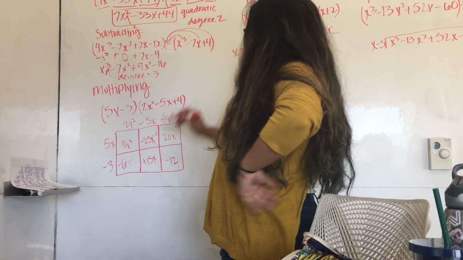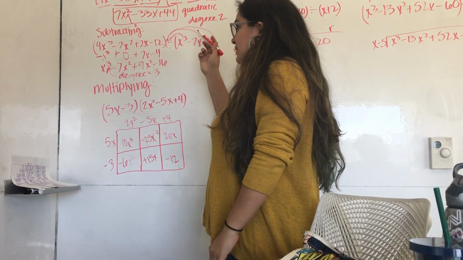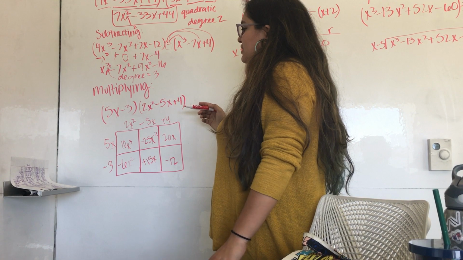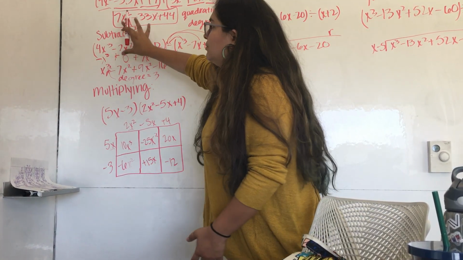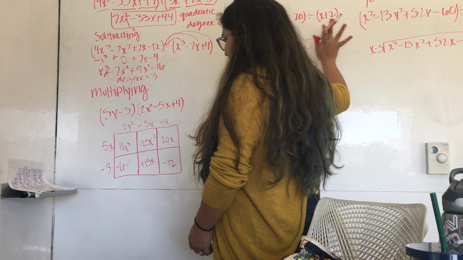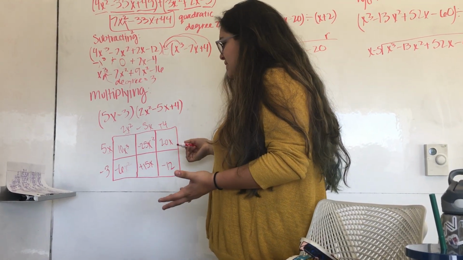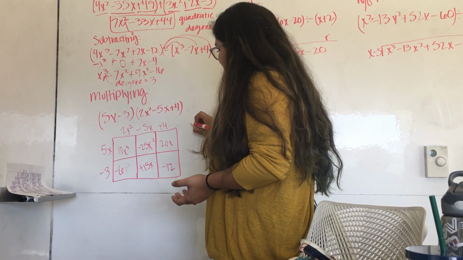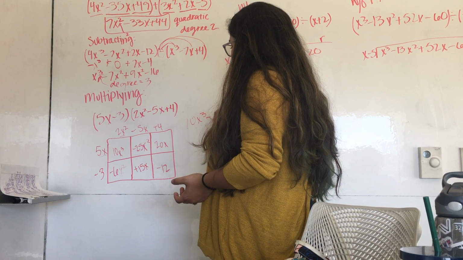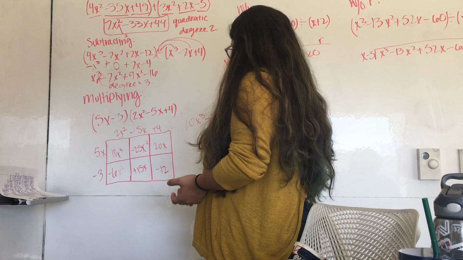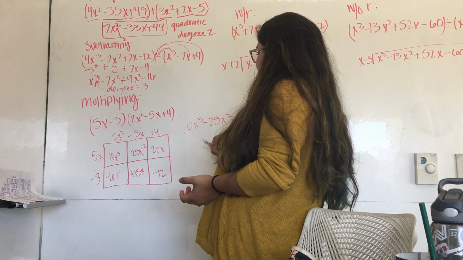Negative 25x squared. So now that we have those values, we have to combine the like terms just like we did with the addition and the subtraction. Pretty much with every operation that you do, minus division because that's its own thing, you're going to be combining like terms. And so we have 10x to the third minus 25x squared plus 20x, right?